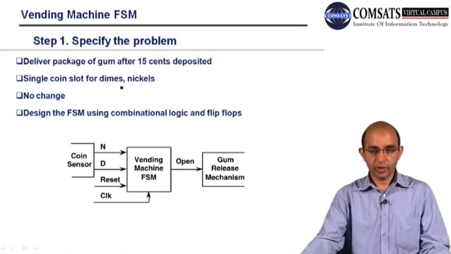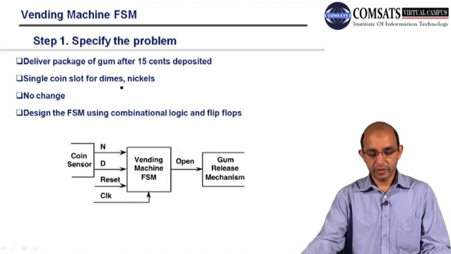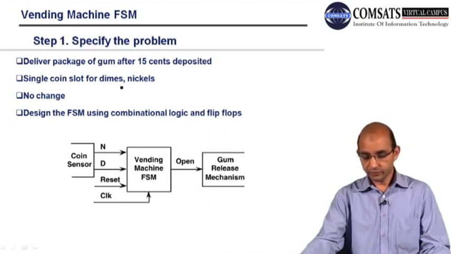What is the requirement? The package for the gum is released after 15 cents has been deposited into the vending machine. We have a single slot for the coin, for dimes and nickels, and we can have no change.